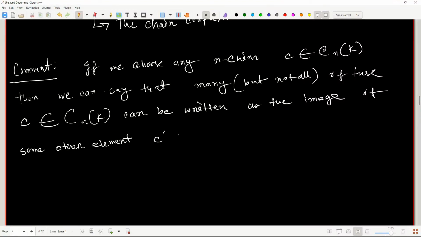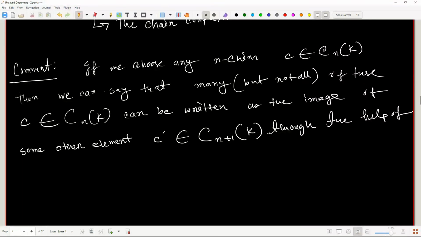Let's call that c prime, that belongs to C of n plus 1, through the help of the n plus 1 boundary operation, or the n plus 1 boundary.